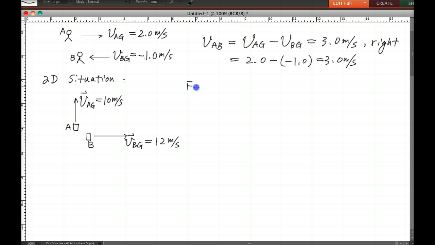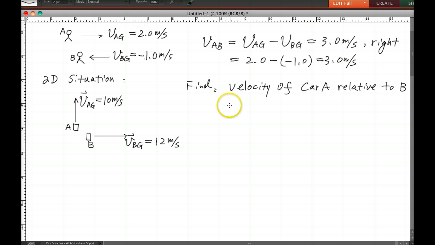So find the velocity of car A relative to car B. Exactly the same formula should be applied.